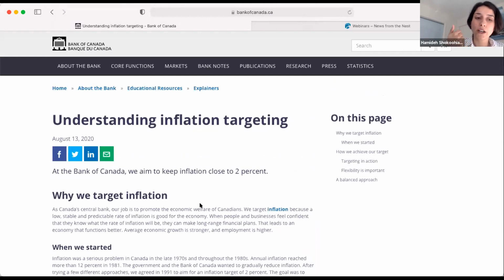So for point number two, I tell them to take a note: at the Bank of Canada, we aim to keep inflation close to 2%. I remind them that the central bank is flexible about the rate of inflation within the 1 to 3% range. Then I stop here and ask them, what do they think about the sign of the current output gap in the economy of Canada?